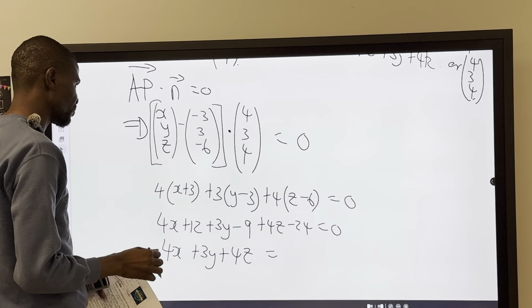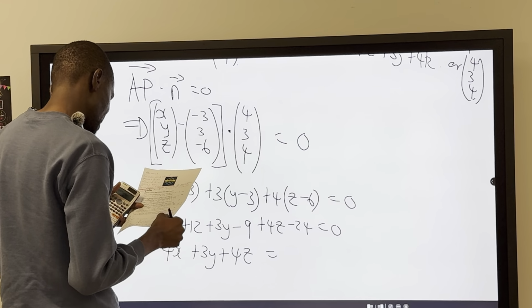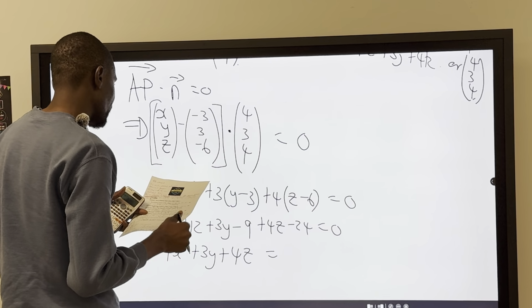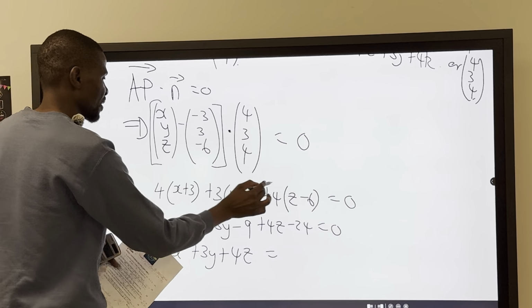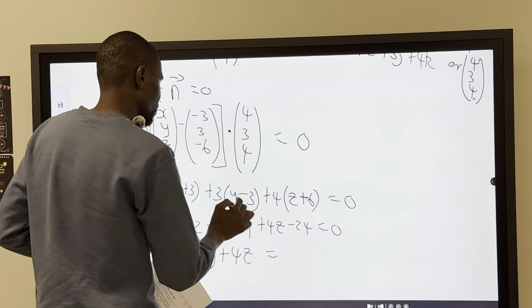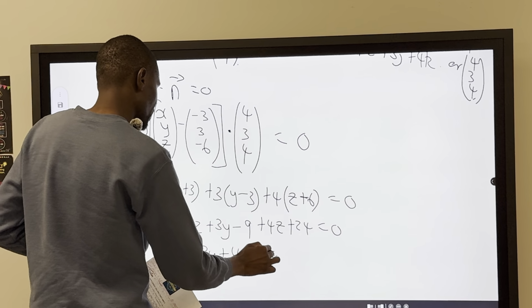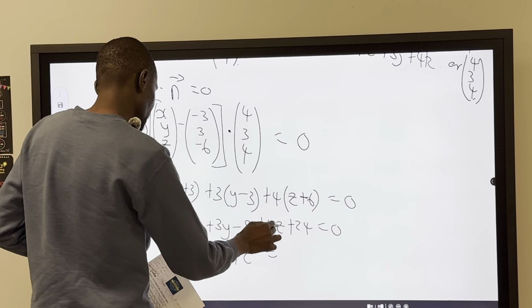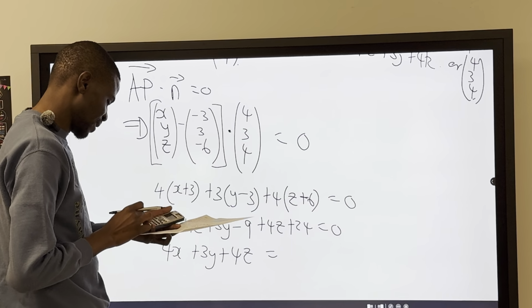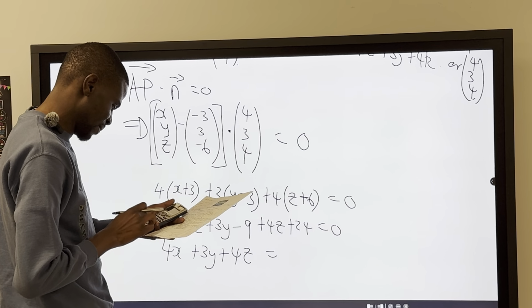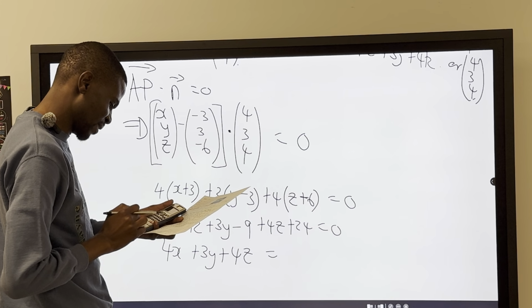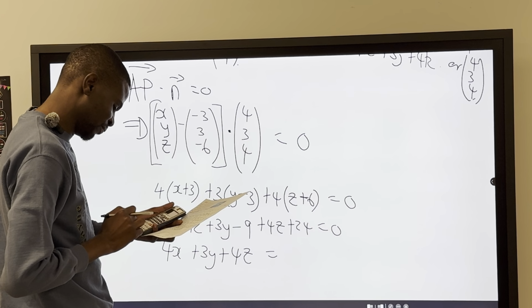Oh, it's supposed to be plus here, sorry. It's supposed to be plus, so here it's 24. So 24 plus 12, 36. So what is 36 minus 9? I'm getting 27.